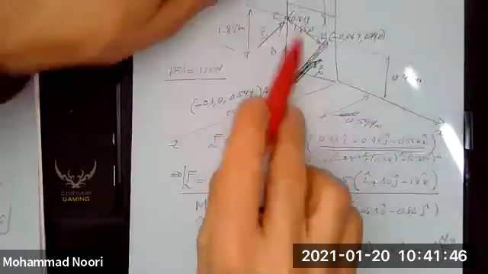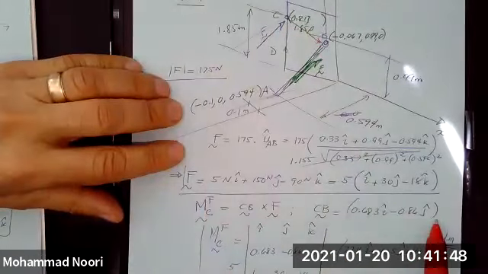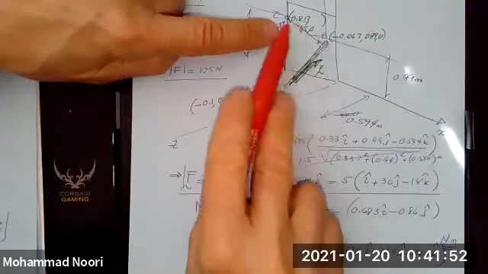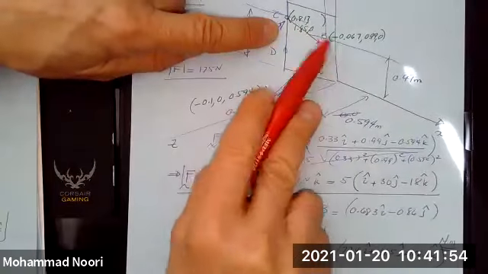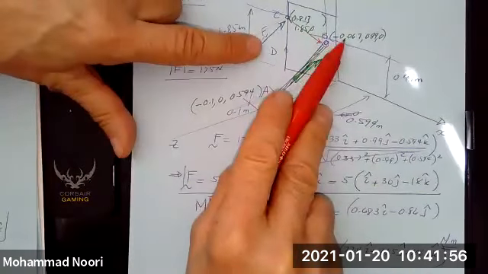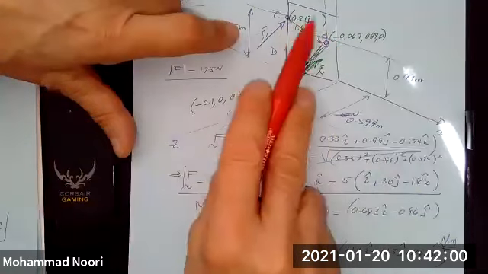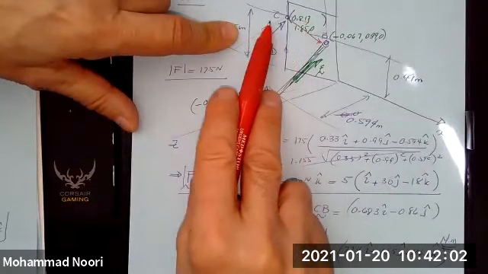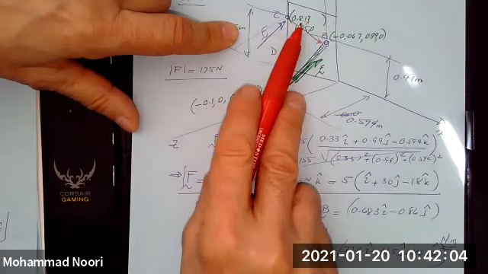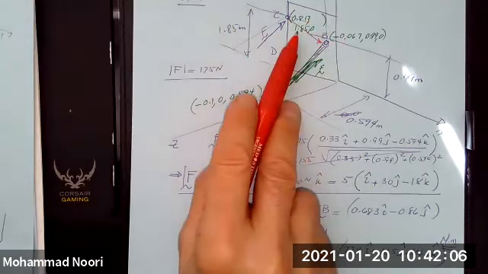Hey, Professor, how did you get vector CB? Oh, you mean how do I set this up? Well, vector CB would be tip minus tail. So negative 0.067 minus 0.817. I see what you're saying.